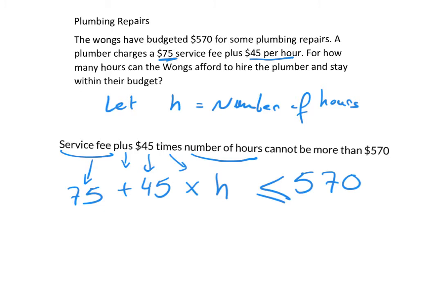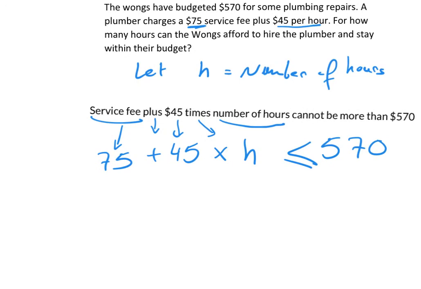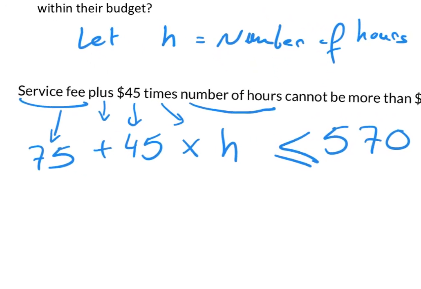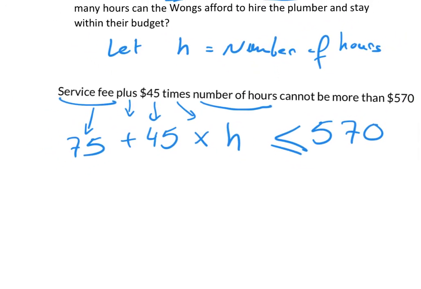That's the money the Wong family can afford to pay the plumber. We need to look for h as our missing part here. So this is an inequality situation. Again, we have to use the inverse operations to solve this inequality, and we have addition and subtraction.